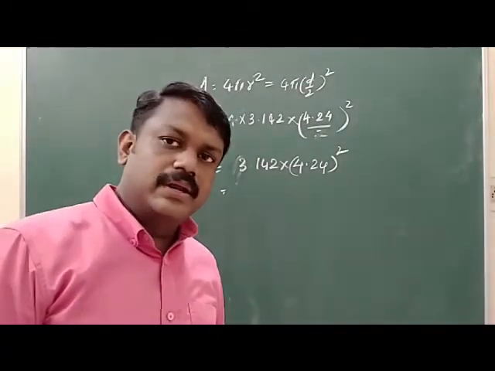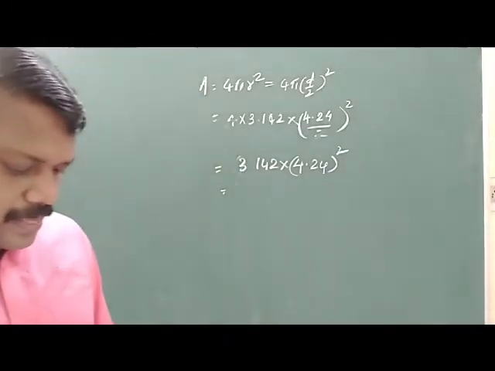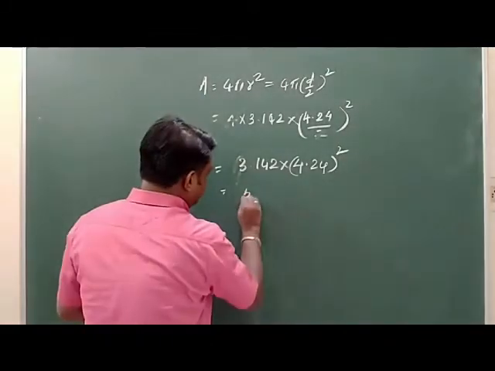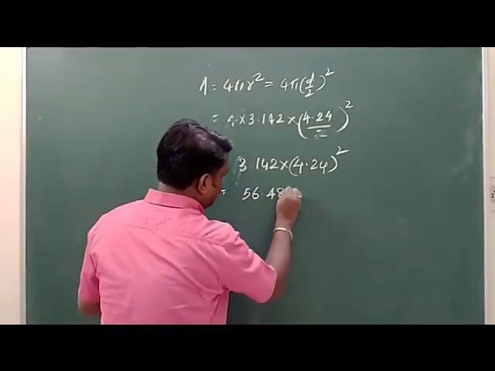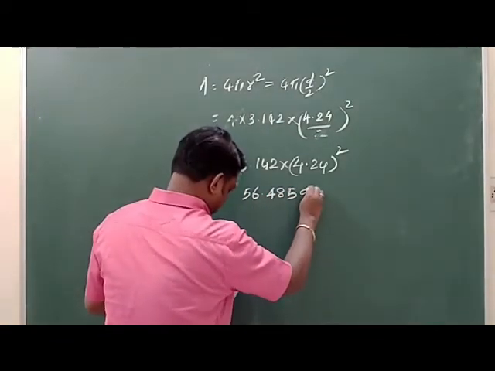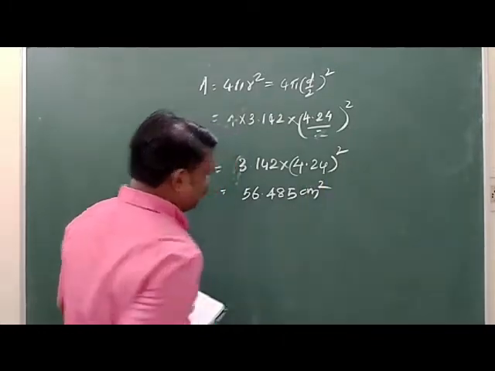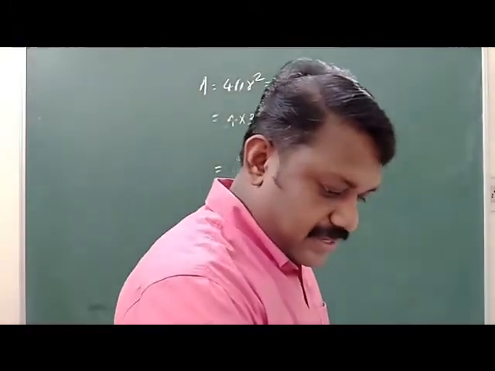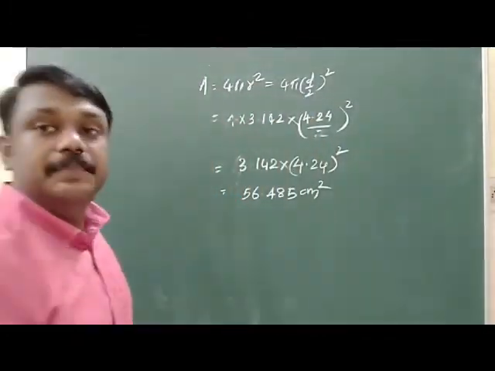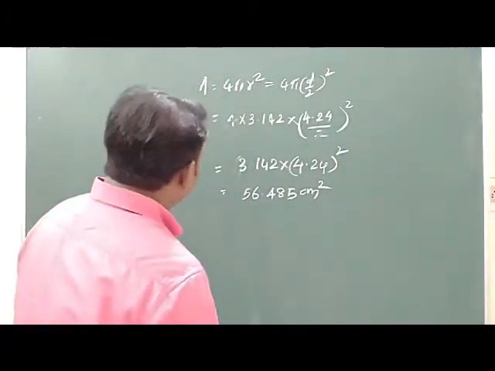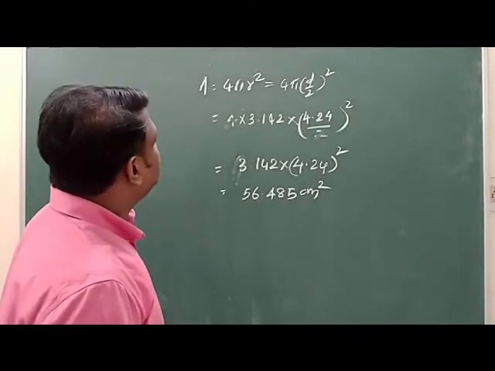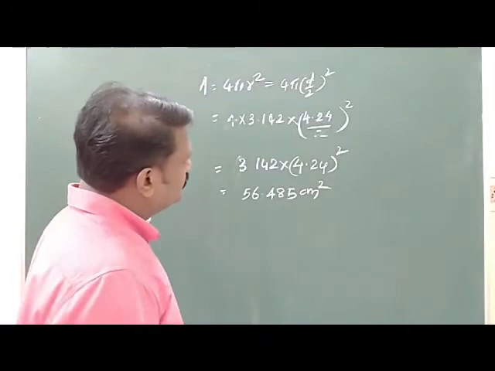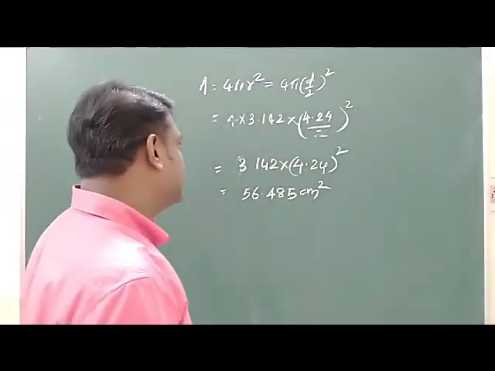When you calculate all this, you get 56.485 centimeter square. Now how many minimum significant figures are there? 4.24 has 3 significant figures.